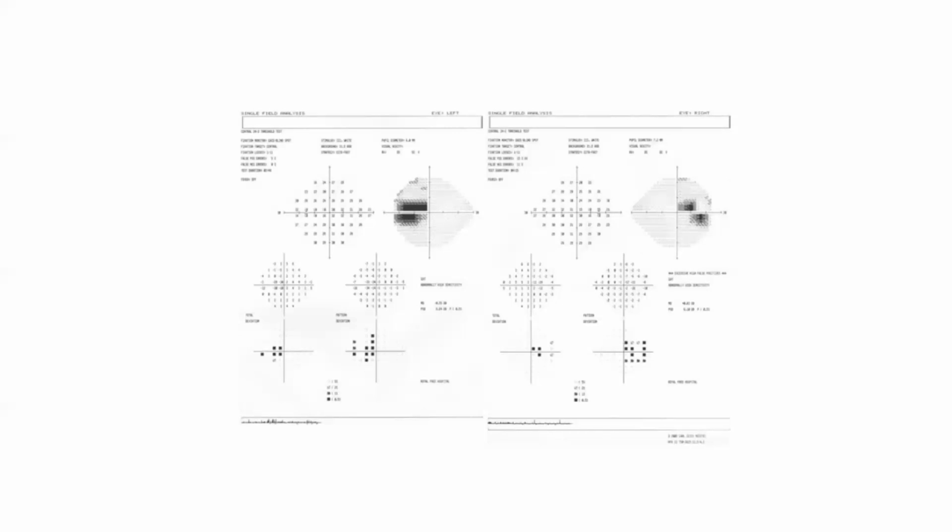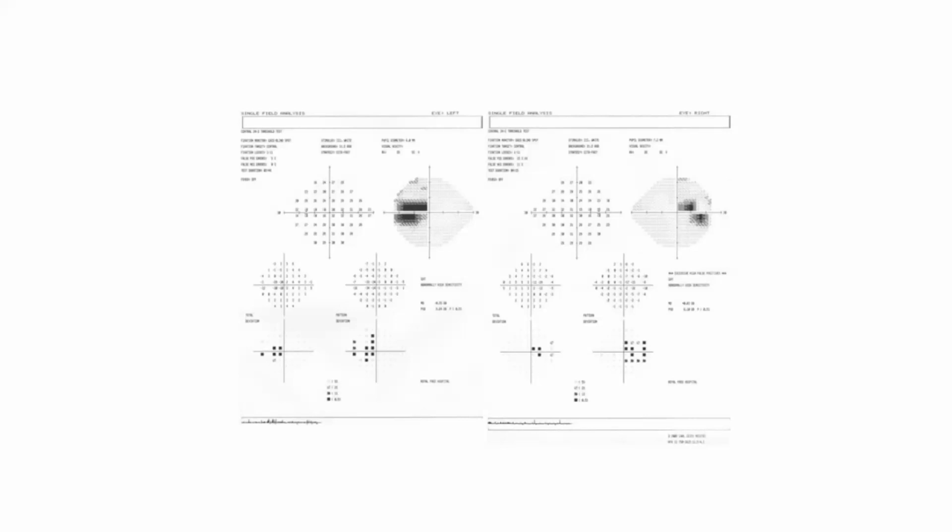Based on the fundus photo and the visual field, can you give some differential diagnosis? My differentials for a bilateral centrocecal scotoma with bilateral optic disc pallor would be toxic optic neuropathy. That would be one.